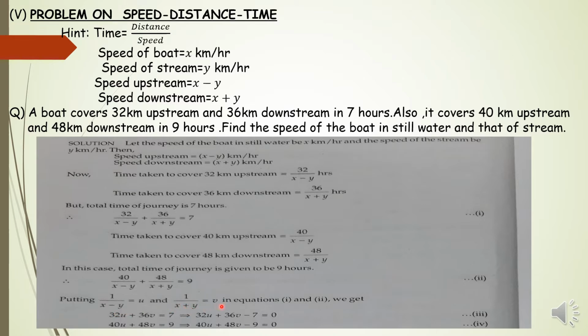In equation number 1 and 2, we get 32u plus 36v is equal to 7, which gives 32u plus 36v minus 7 equal to 0. And substituting in the second equation, we get 40u plus 48v is equal to 9, which implies 40u plus 48v minus 9 equal to 0. Mark it as equation number 3 and 4.